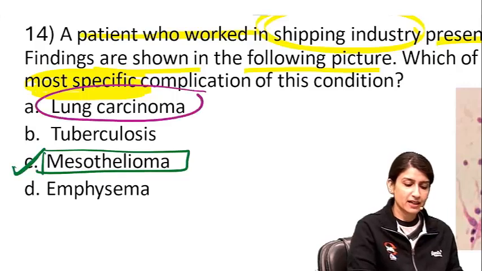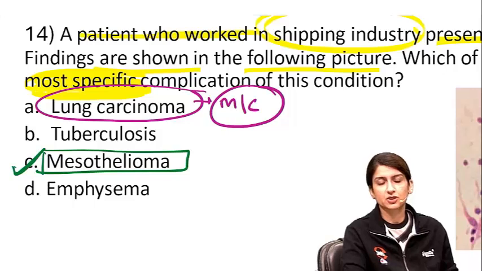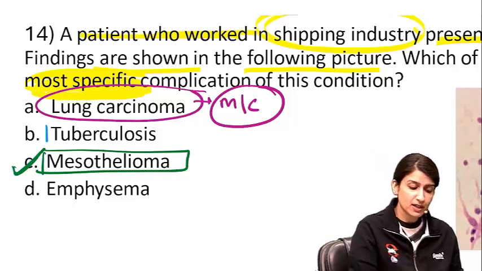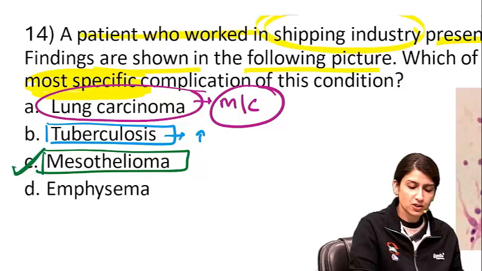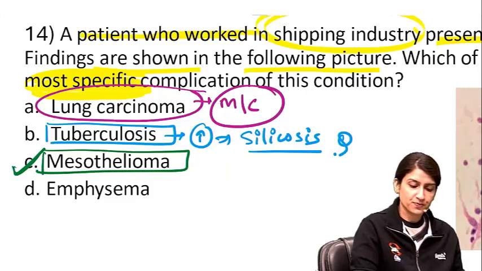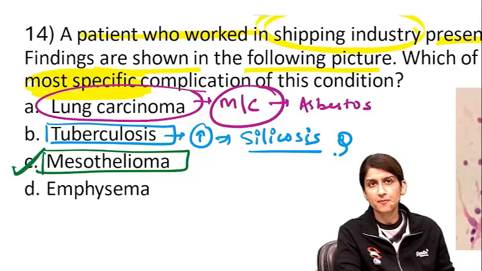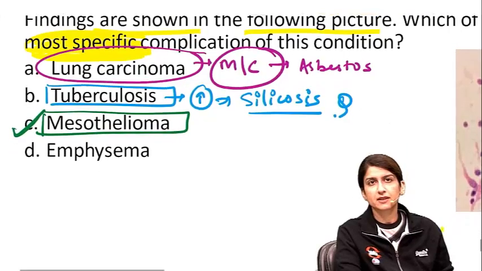Yes, and lung carcinoma is the most common carcinoma that is associated. अगर मैं TB की बात करूं, so increased risk of tuberculosis is going to be seen in patients of silicosis, और ये जो most common है ये asbestos के साथ ही associated है. ठीक है, so here my correct answer is option C.